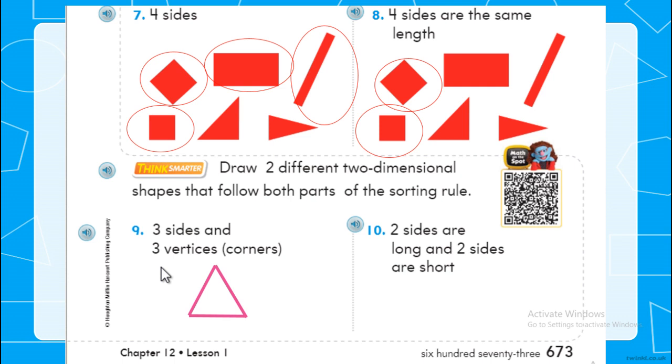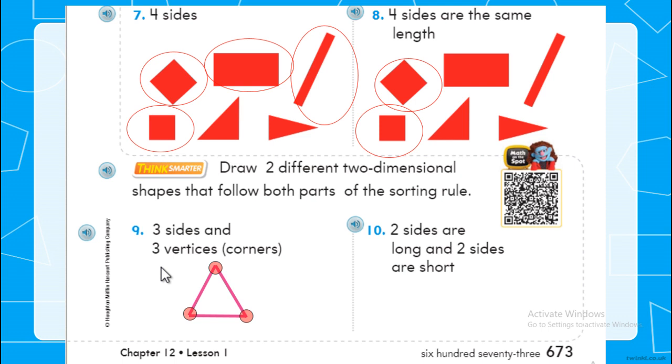I want to count the vertices to see if I'm correct. 1, 2, and 3. And remember that the vertices are the points where the 2 sides are meeting. This we call a vertex. I draw a shape that has 3 sides, 3 vertices. So my triangle fits the rule.